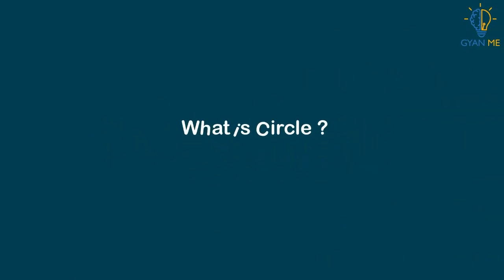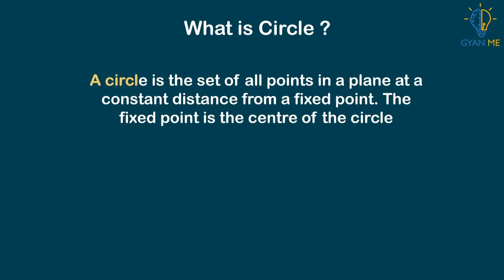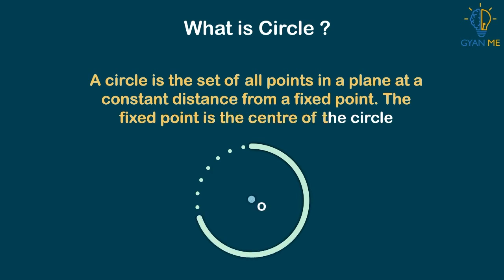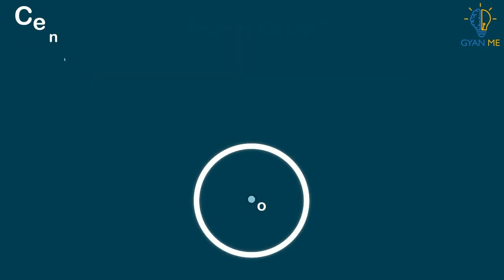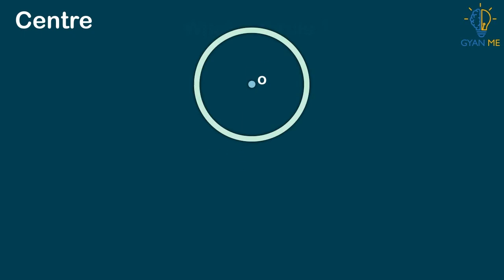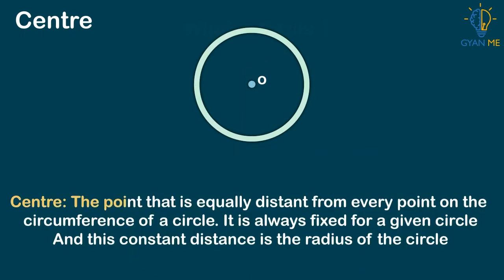So what is circle? We already know a circle is the set of all points in a plane at a constant distance from a fixed point. This fixed point is called the center of the circle. In other words, center is the point that is equally distant from every point on a circumference of a circle.